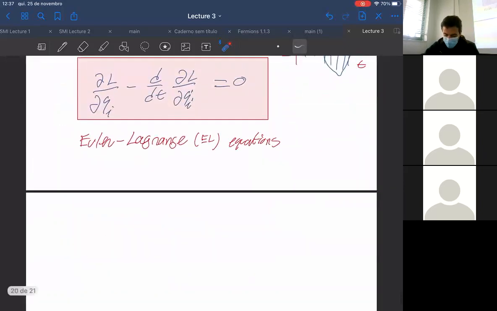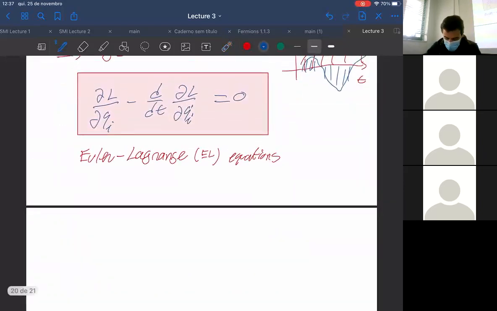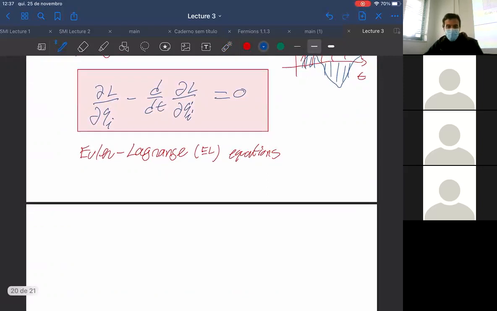Okay, so now, of course, you know from this that you can get Newton's second law if you have, for example, the well-known Lagrangian, one half m x dot squared minus a certain potential, where x is q.